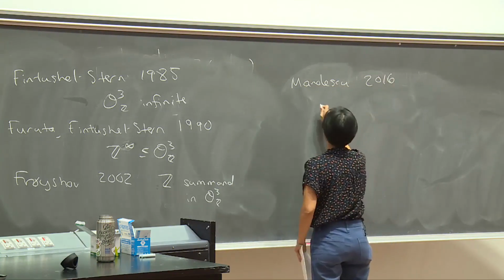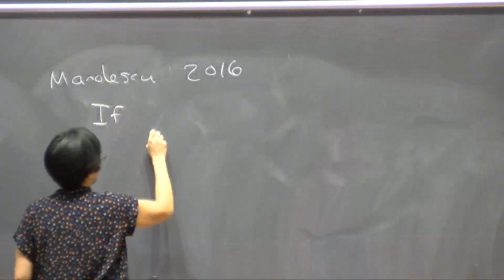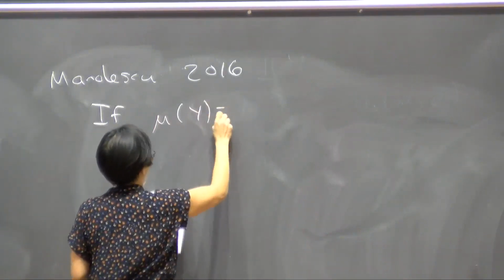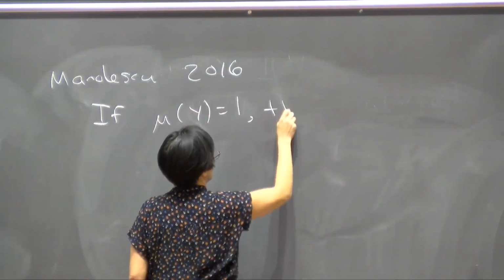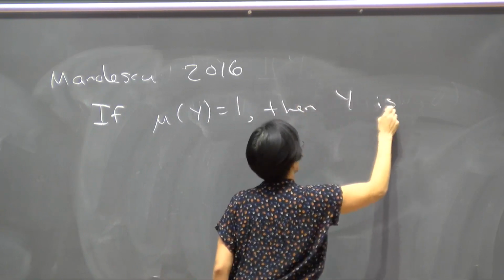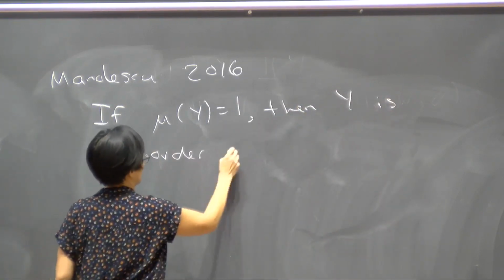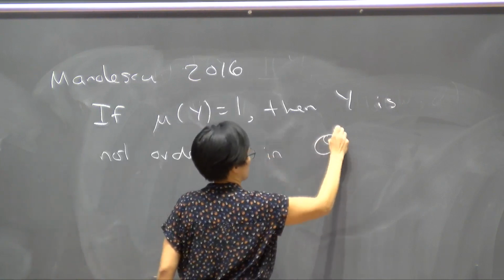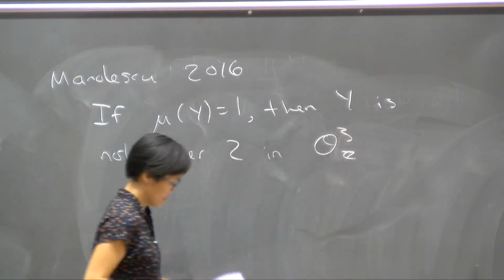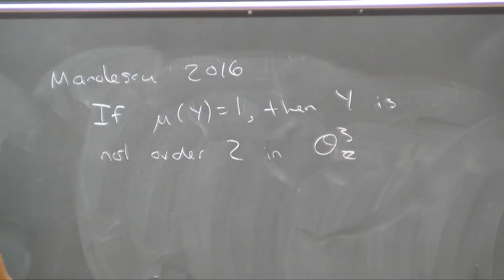He proved that if the Rokhlin invariant of Y is 1, then Y is not of order 2 in the homology cobordism group.